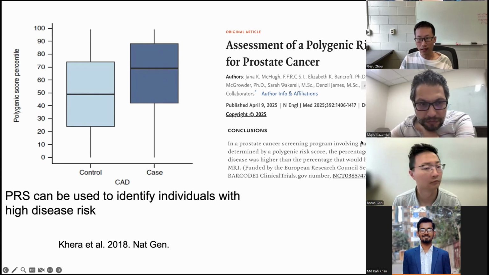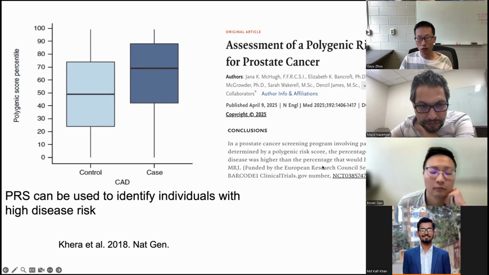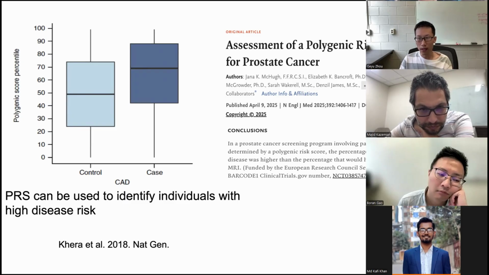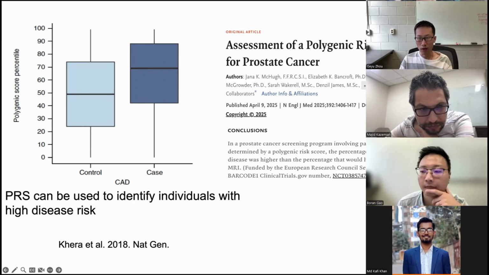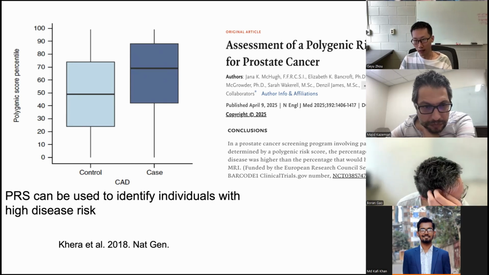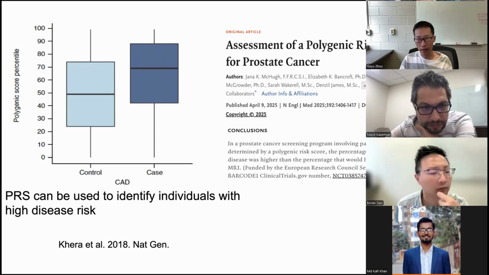And they found that for prostate cancer, the polygenic score offers additional clinically significant value compared with traditional screening approaches, such as PSA or MRI. So this basically means it has some potential or promise to translate a polygenic risk prediction model into clinical practice.